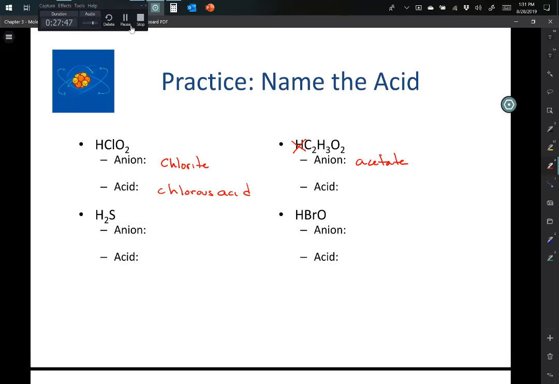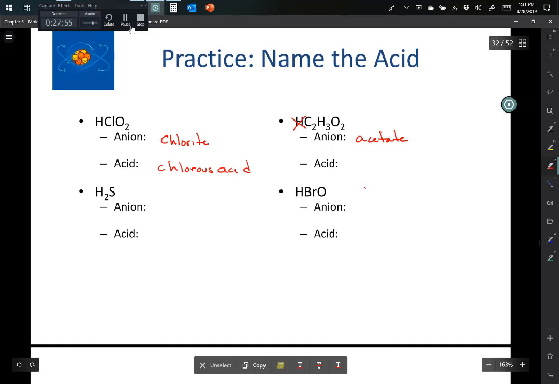And then H becomes what? It, right? So this is acetic acid. That's the acid that is in vinegar. 5% acetic acid is actually vinegar, white vinegar.